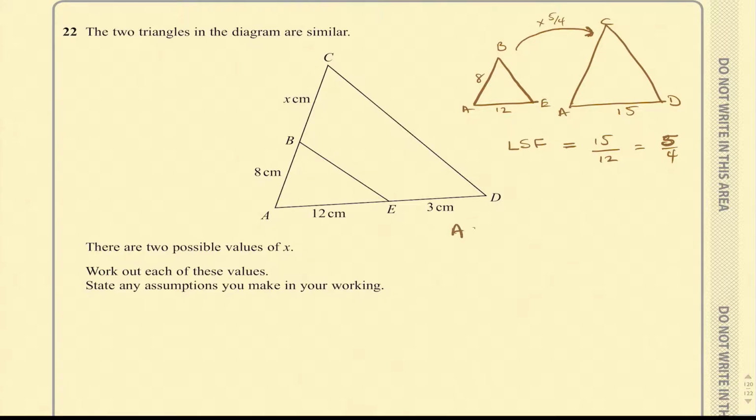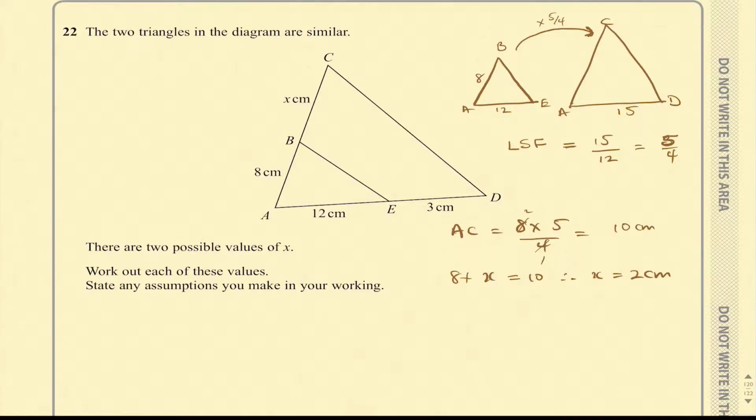So AC is 8 times 5/4, which is basically 10, because how many 4s go into 8? 2. 5 times 2 is 10 centimeters. So that means that 8 plus x equals 10, therefore x equals 2 centimeters.